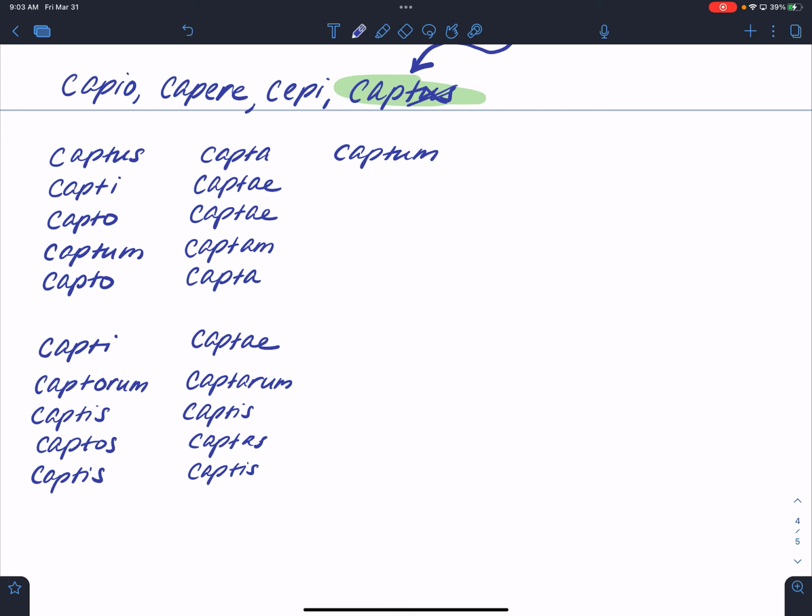Yes. Okay. Now, the neuter, where are we going to get those endings from? What declension? Second declension. Okay, second declension neuter. So captum, capti, capto, captum, capto.